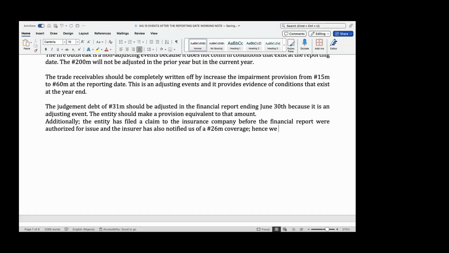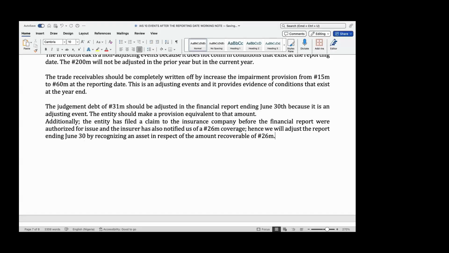Hence, we will adjust the reports ending June 30th by recognizing an asset in respect of the amount recoverable of 26 million.